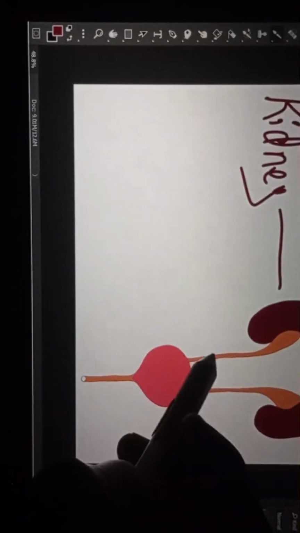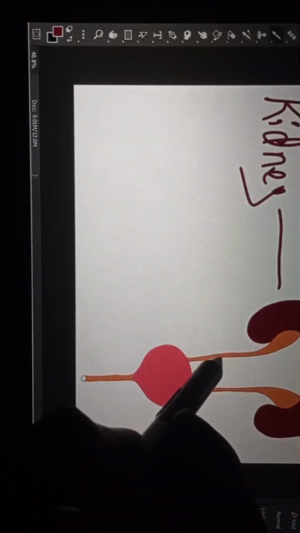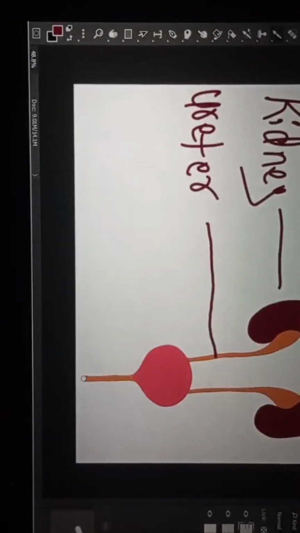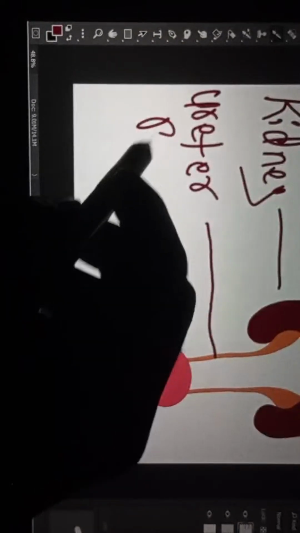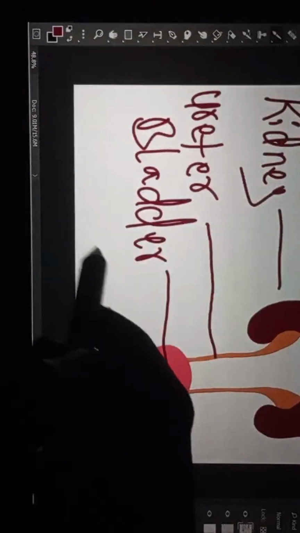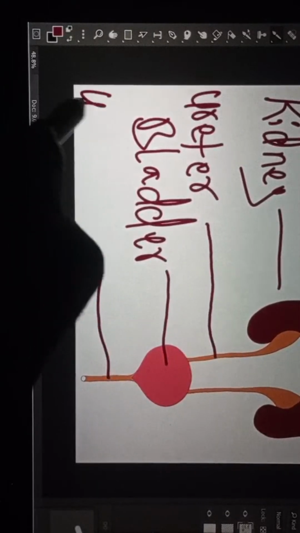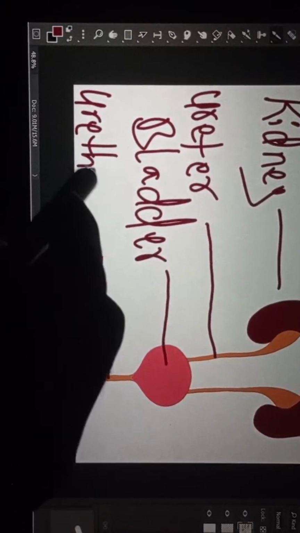This one is ureter. Then this one is bladder. This one is urethra.